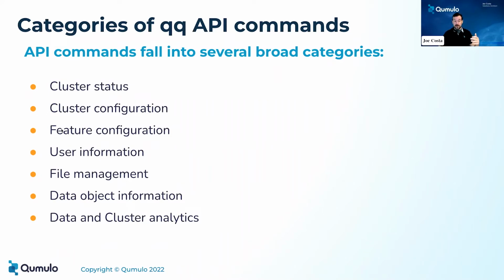You can configure different features like snapshots, quotas, replication. You can pull information about your users that the Qumulo cluster is aware of, like domain users or NFS users. You can manage your files. You can pull information about those files. And then you can also look at data usage and cluster analytics.